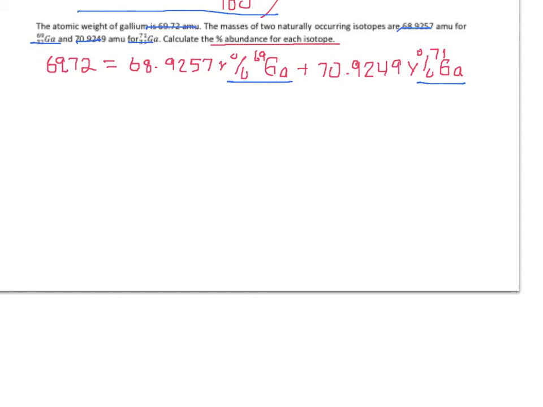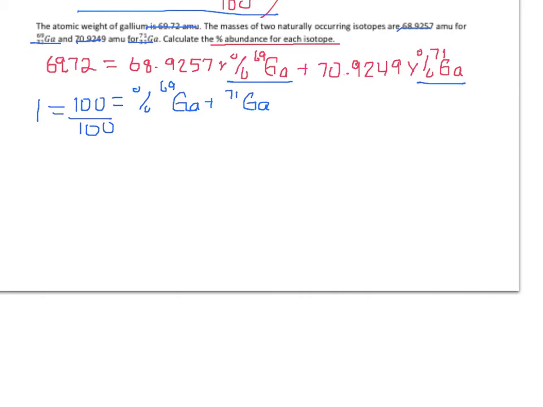Since we're dealing with percentages, 100% is equal to the percent of gallium 69 plus the percentage of gallium 71. If you divide by 100 and decimalize it, that becomes equal to 1, and it would be easier to work with 1 in this case.